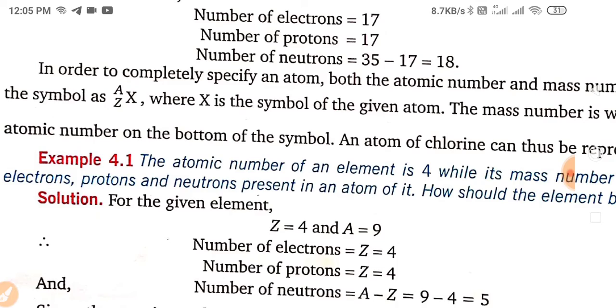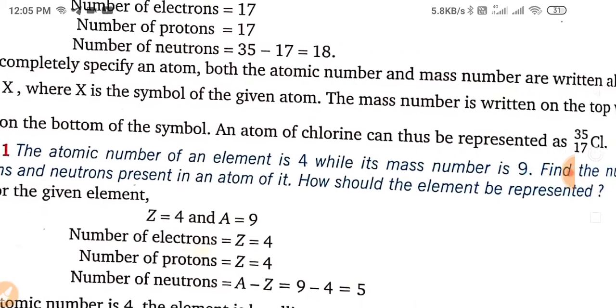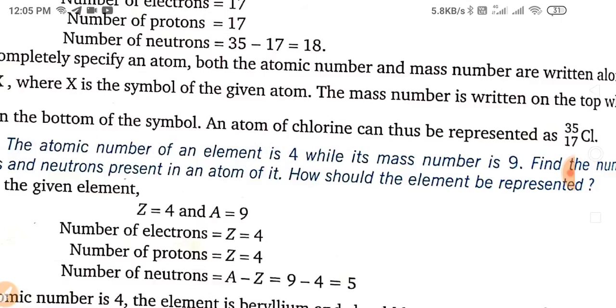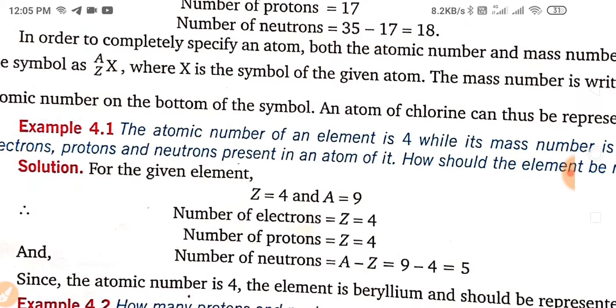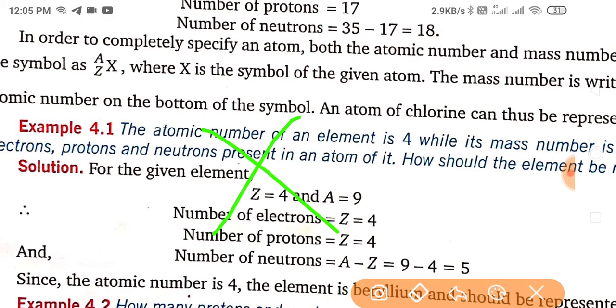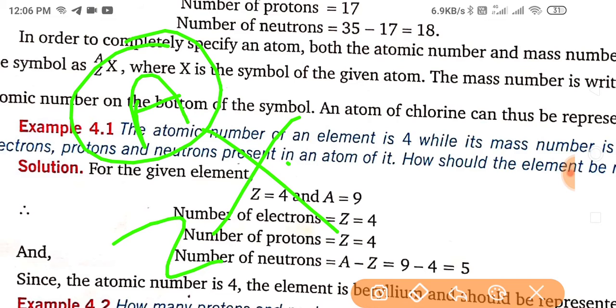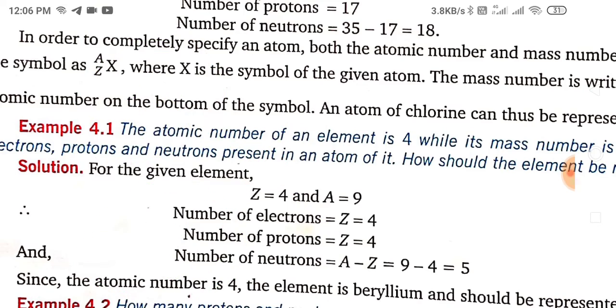In order to completely specify an atom, both the atomic number and the mass number are written along with the symbol, as capital X with A on top and Z at the bottom. In this form we write the chemical symbol of any atom. X represents the atom, and it carries the mass number and the number of protons.